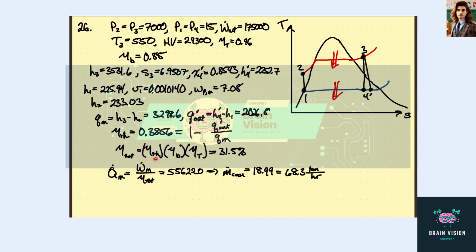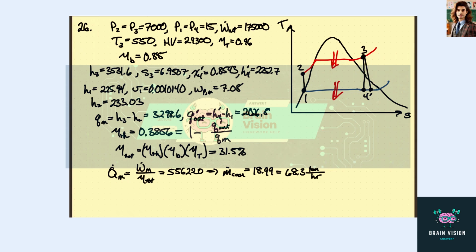These losses are cumulative, so they're multiplicative. In the end, we get 31.5% efficiency for the total cycle, going from the energy in the coal to the work we get from the turbine.